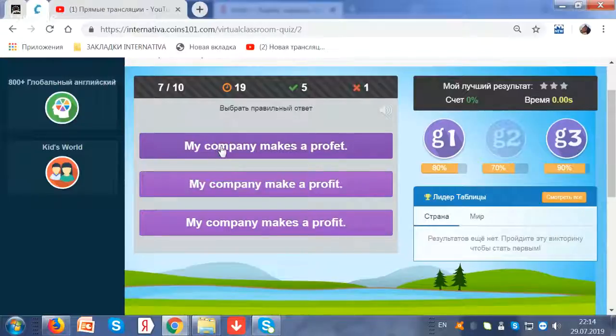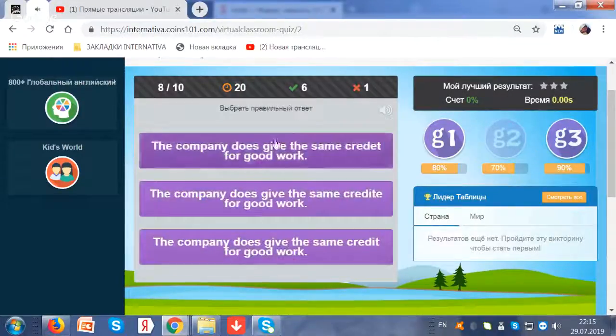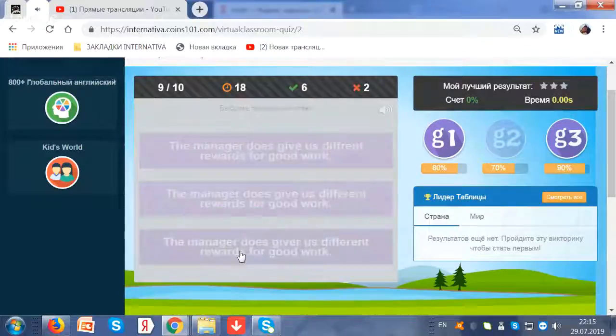My company makes a profit. The company. Again the same thing.